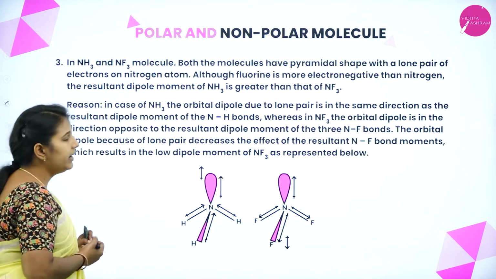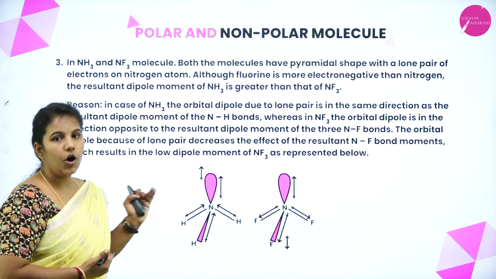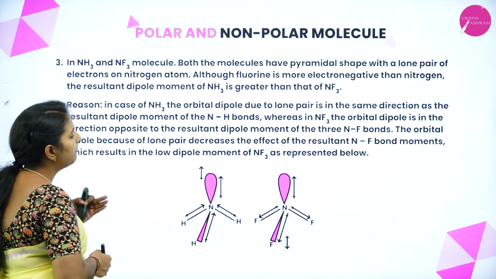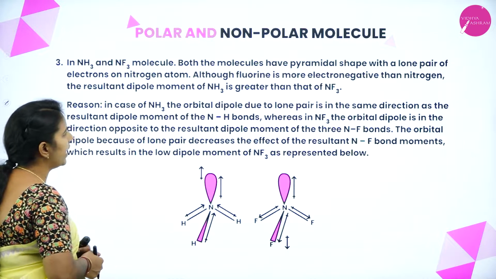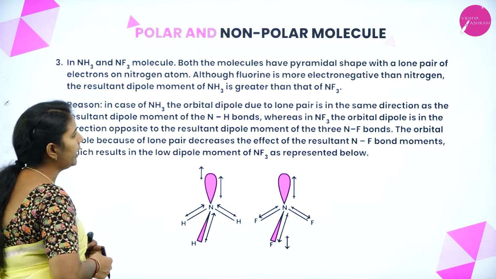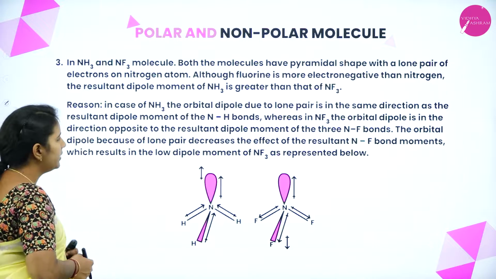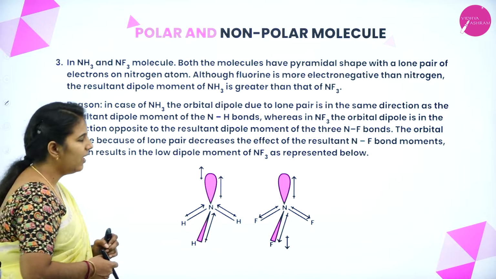We can take one more example by considering ammonia and NF3. Both the molecules have a pyramidal shape with one lone pair of electrons on the nitrogen atom. Although fluorine is more electronegative than nitrogen, the net dipole moment of ammonia is greater than that of NF3.